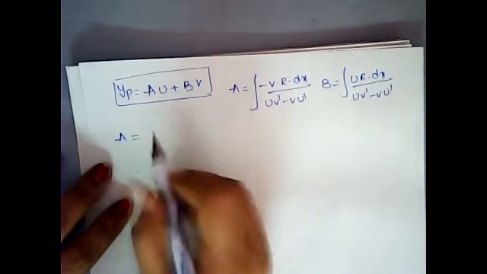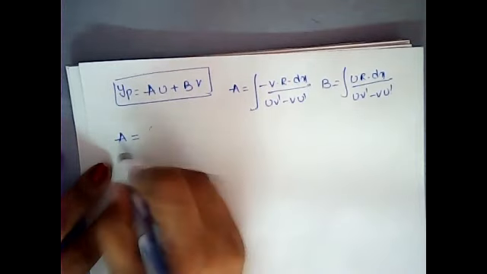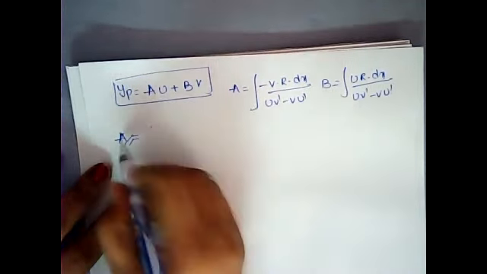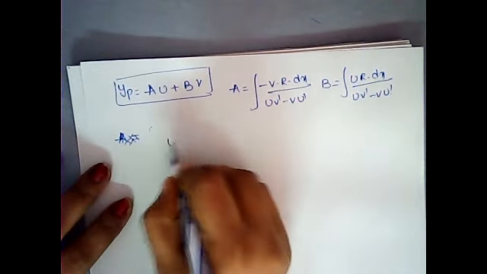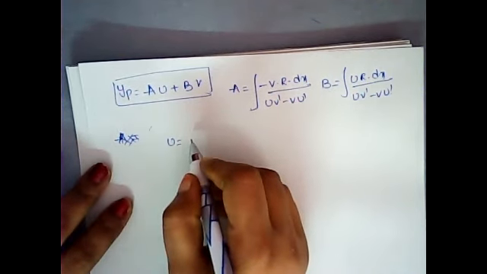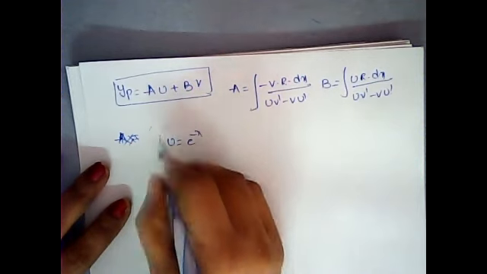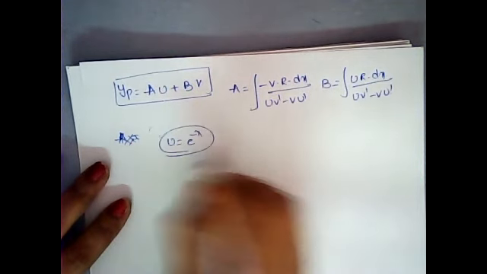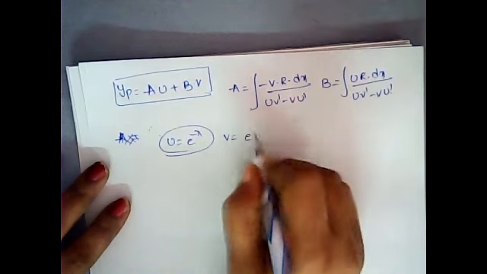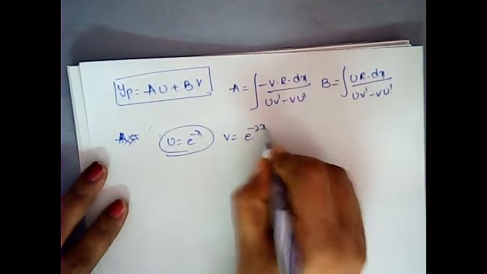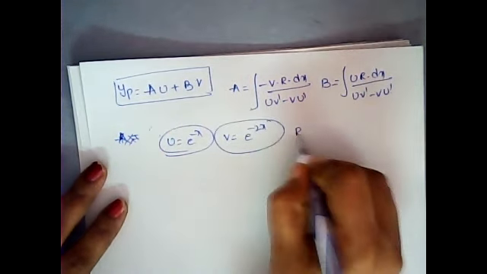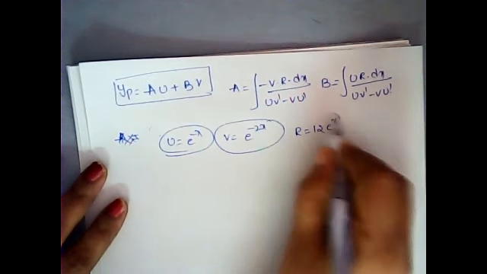Okay. Now a is equal to, so let me take first of all what are the terms we are having. Here u we got as e power minus x, and v we got as e power minus 2x, and r is equal to 12 e power x.